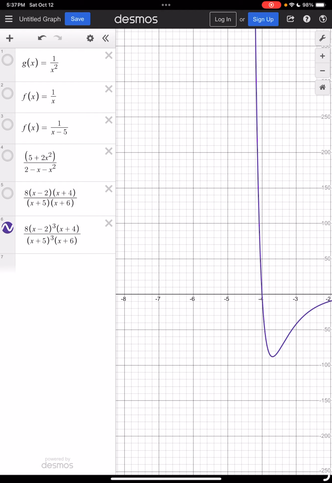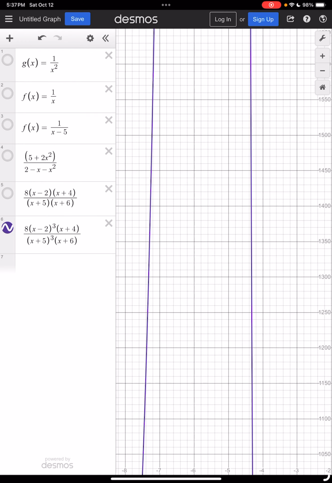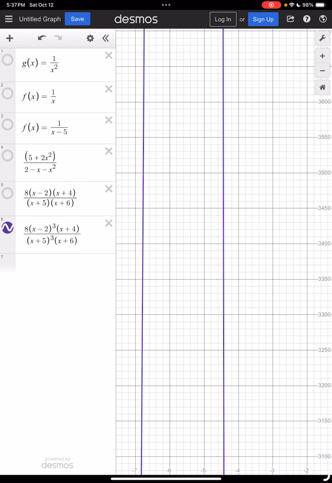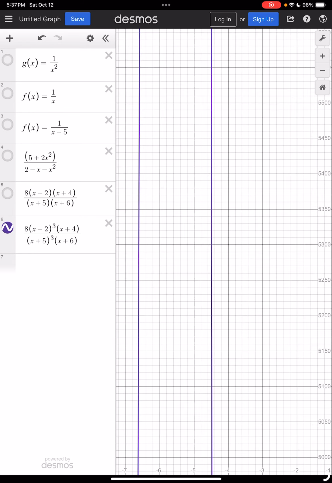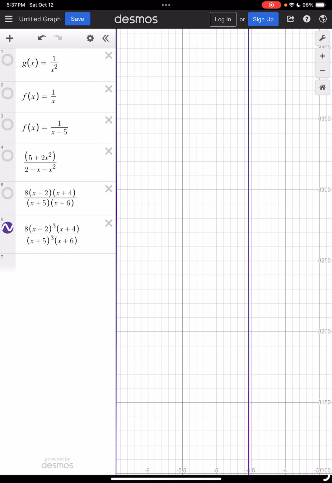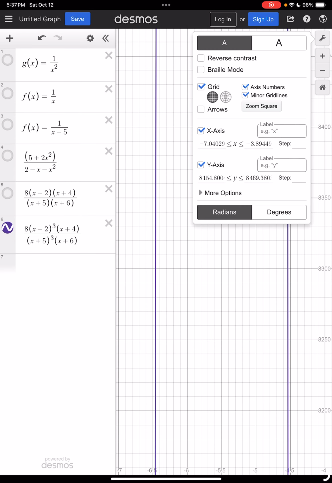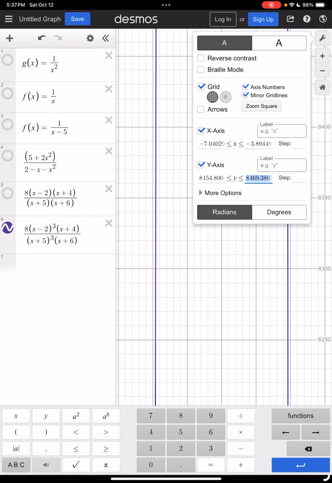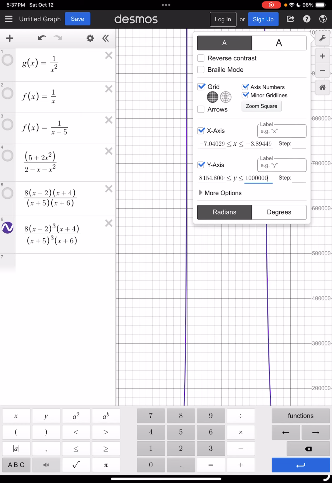At x equals negative 5 and negative 6, watch those two lines in the middle. As I increase more and more, those lines are getting closer and closer to them. Let's up the ante a bit. Let's make the y-axis go all the way up to 7.